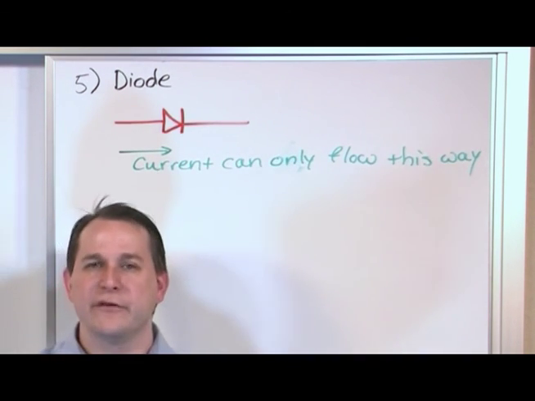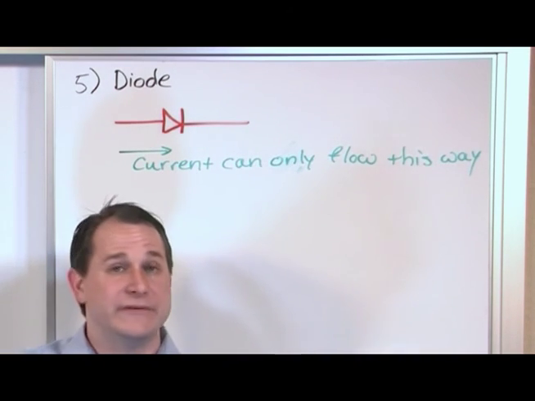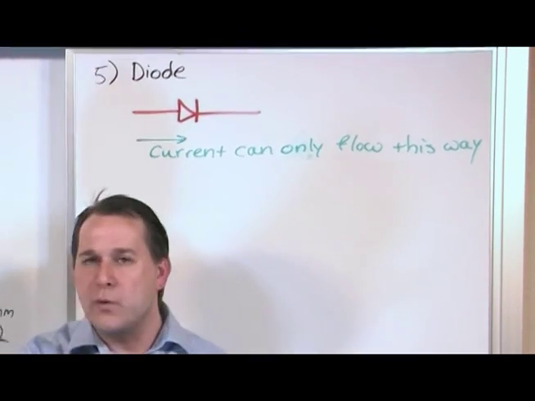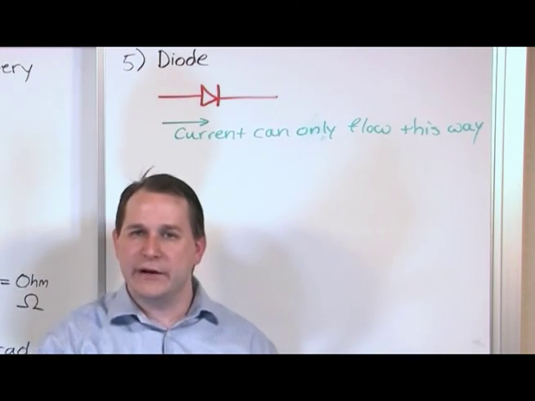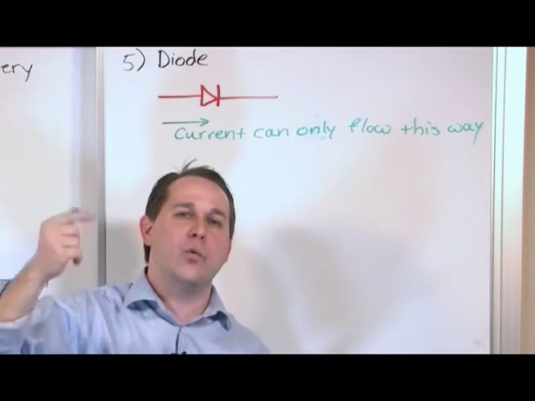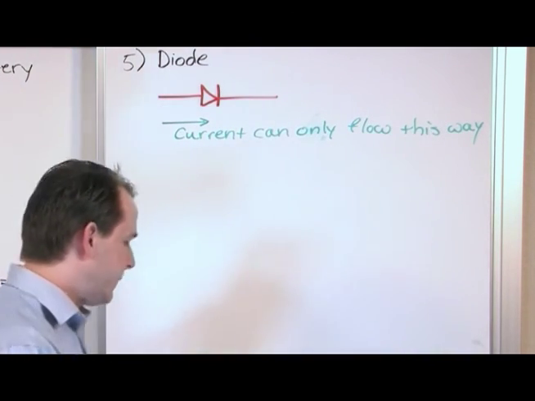Same thing in a circuit. There's lots of reasons when you would not want current to go a certain direction, because maybe it'll damage a component, or maybe that part of the circuit that you're designing, you only want current to go one way. So you just stick a diode in there. It's not going to affect anything this direction. It's going to let everything work normal, but if any kind of current tried to go the other way, it's going to block it. And that's a very useful thing. So that's what diodes are used for.